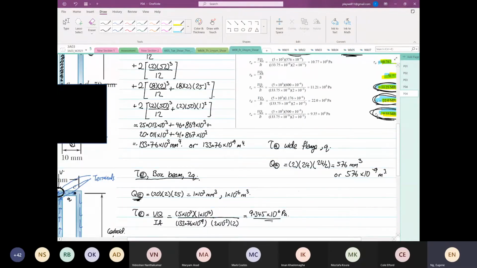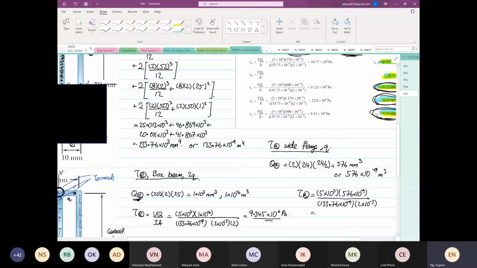So the shear stress at point A is equal to 5 times 10 to the power 3 multiplied by 576 times 10 to the power minus 9, divided by I, which is 133.76 times 10 to the power minus 9, and then divided by the width, 2 times 10 to the power minus 3.